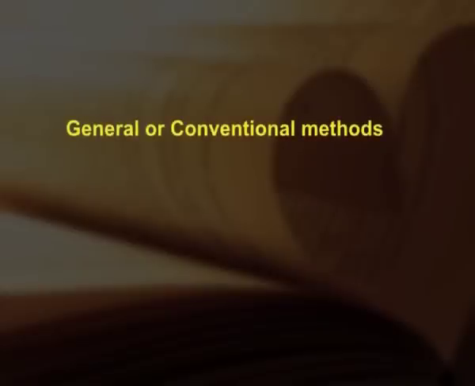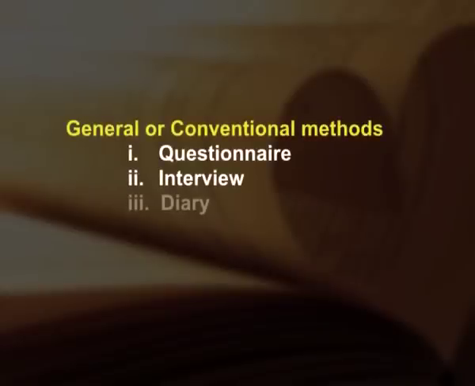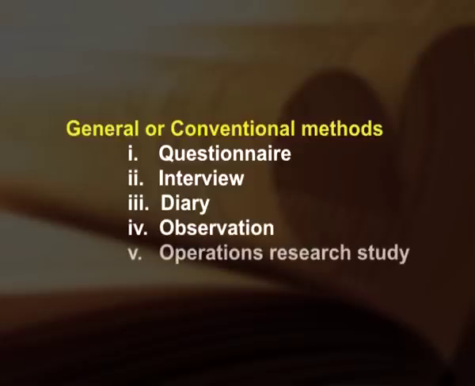The methods used so far and important methods currently in use for conducting user studies are as follows. The first one, general or conventional methods, which includes questionnaire, interview, diary, observation and operations research study.